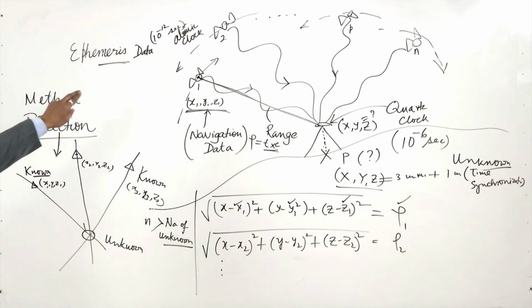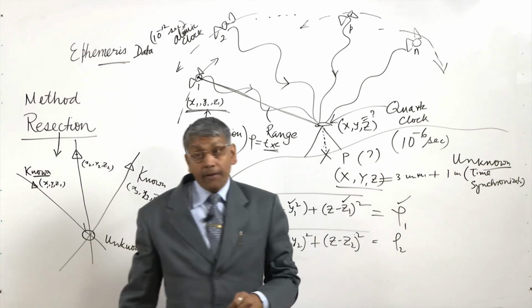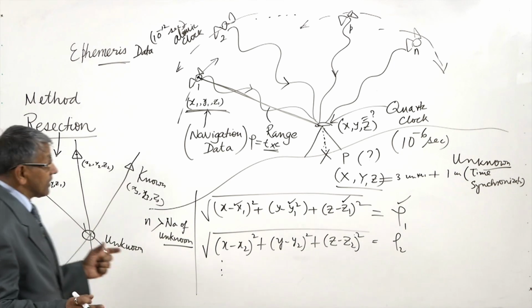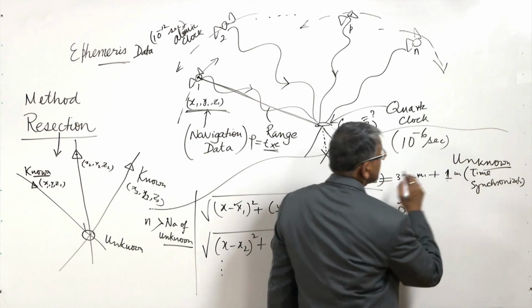So we can see there is a high mismatch in synchronization. As a result, there will be a large error in time measurement due to synchronization, and the error is so big that we consider this as an unknown.